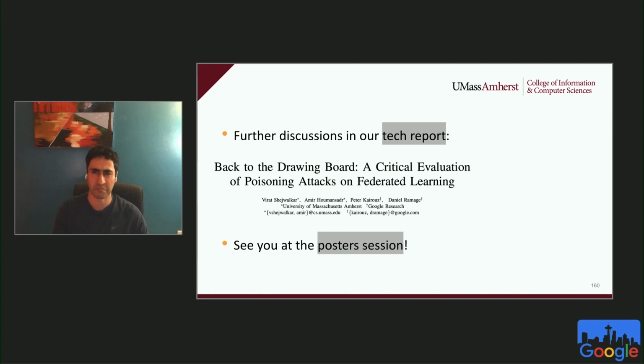In the paper, we offer a range of parameters and also some discussions on potential threat models for production systems. But again, someone has to define it, and we're relying on the discussions from last year and also some private discussions with other experts in FL.